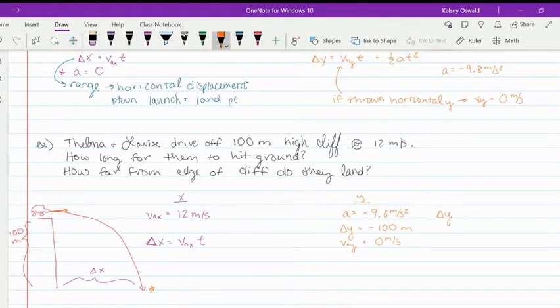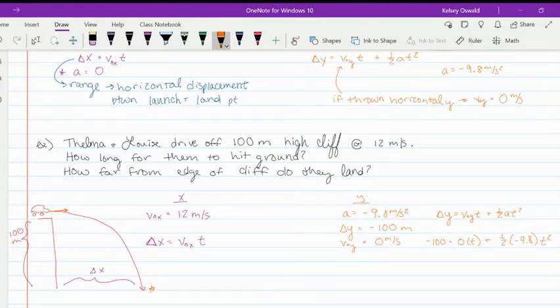Here we have our delta y, or vertical displacement, is equal to initial y velocity times time plus 1/2 a t squared. If we look at this equation, we know that vertical displacement is negative 100. We know our initial y velocity is 0 because it's all directed horizontally. And we know our acceleration is negative 9.8. So looking at that equation, we only have one unknown. We're able to use that to solve for time.